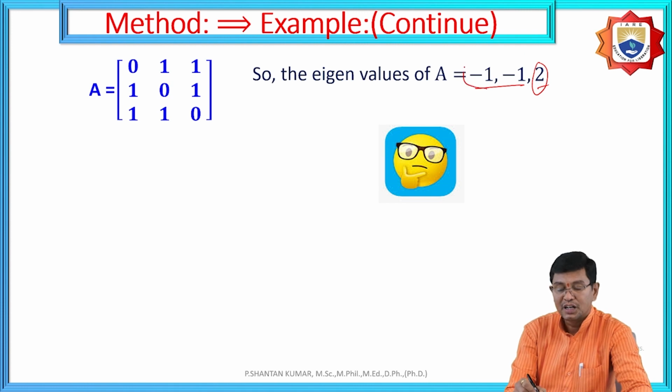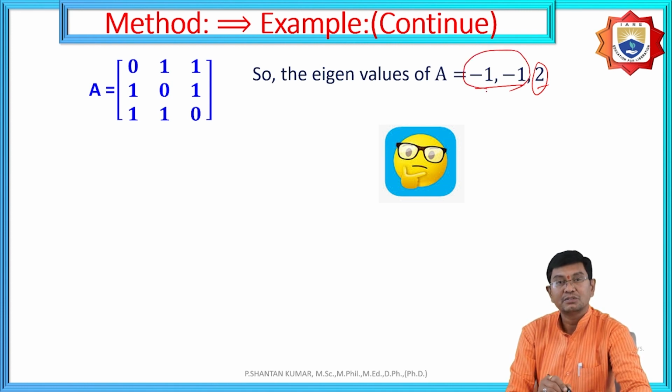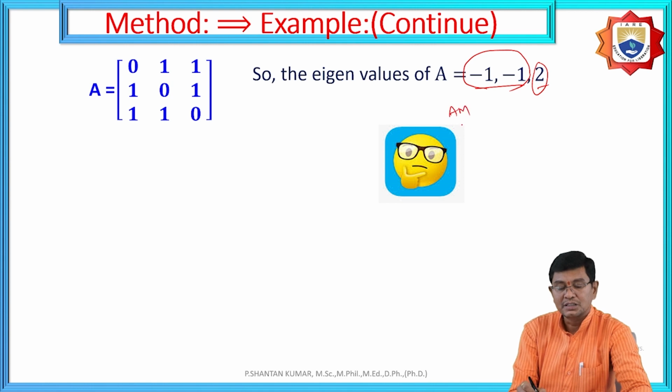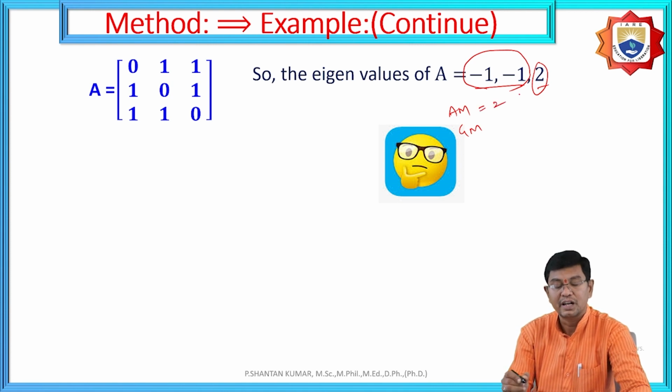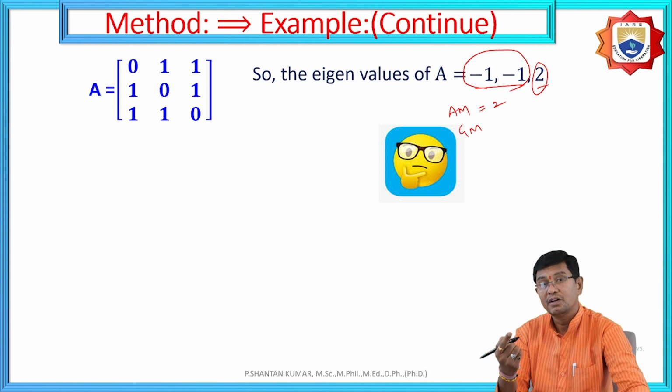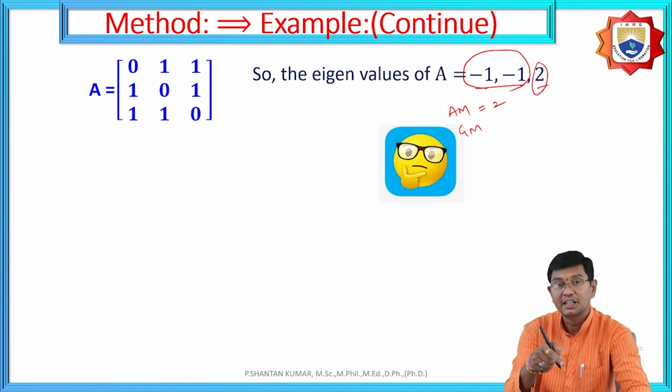We need to find, for lambda equal to minus 1, what is the AM and what is the GM. Here the eigenvalue minus 1 is repeated 2 times, therefore the algebraic multiplicity of minus 1 is 2.